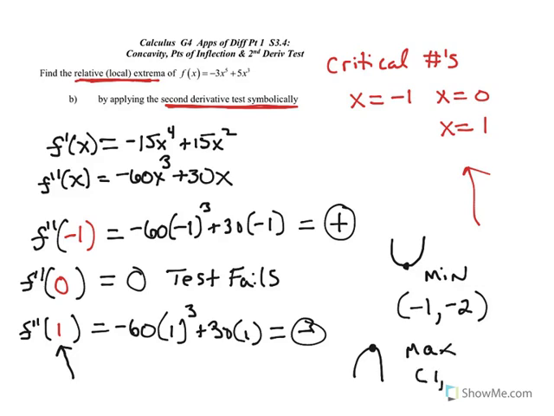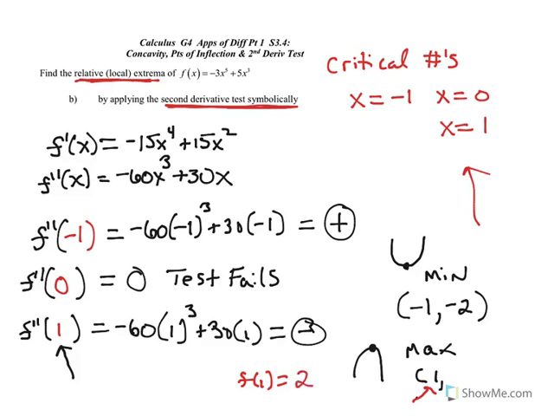And if you want to know what the y value is, the complete ordered pair, plug that back into f. So put the value of 1 back into f. If you do f of 1, then that should get you 2.